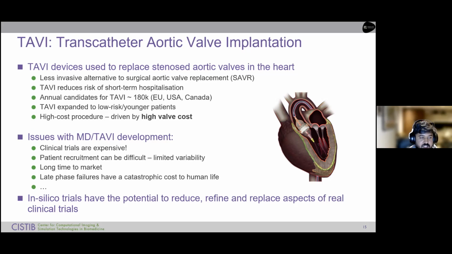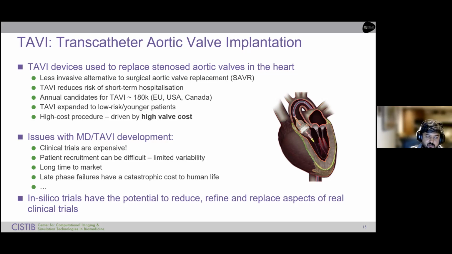The second aspect is that you can imagine that recruiting a wide enough demographic of patients to such clinical trials can be very difficult, and in a way almost intractable to get the kind of variability you would need to know exactly how a device is going to perform in various combinations of anatomy and physiology.